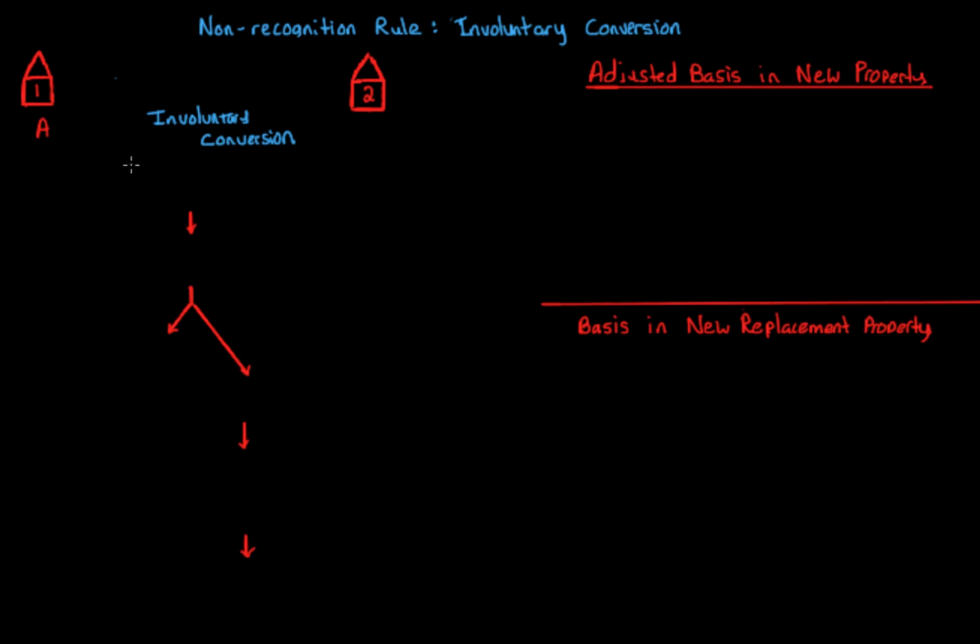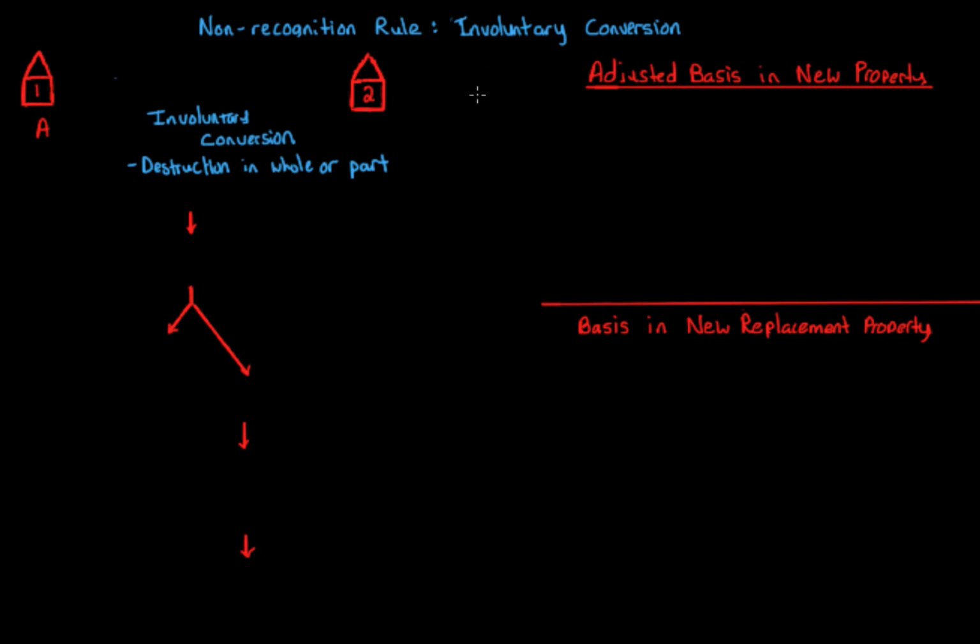The first is what we normally think of, through destruction of your property in whole or part. So the storm example, a hurricane or a tornado, that storm destroying your property in whole or in part, that's considered involuntary conversion.